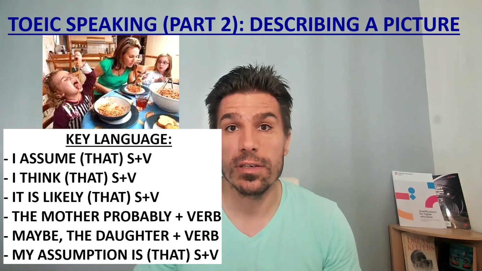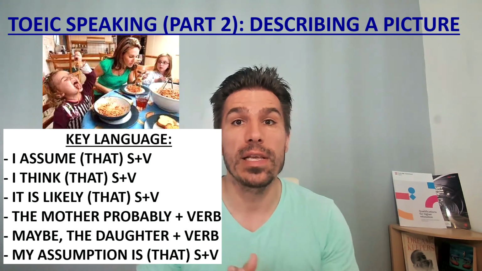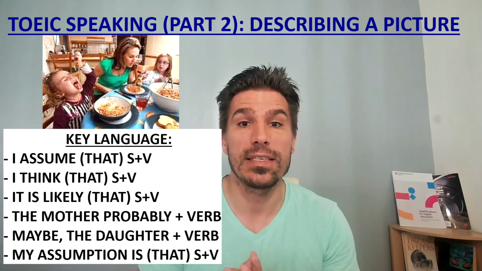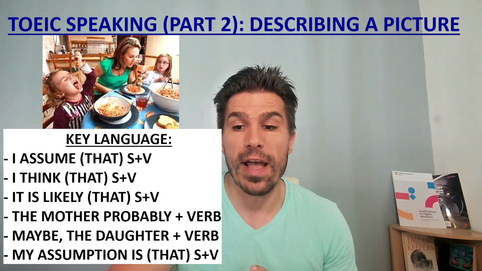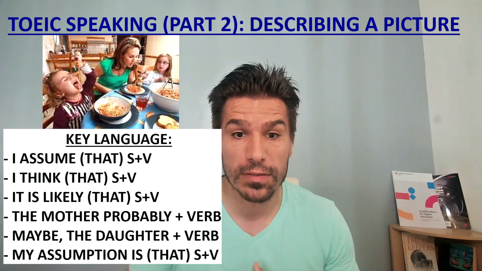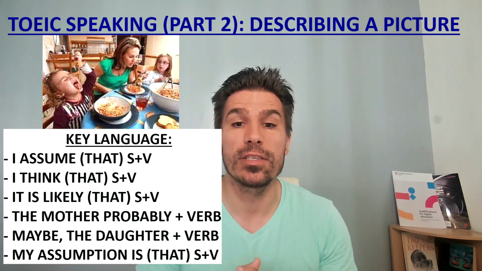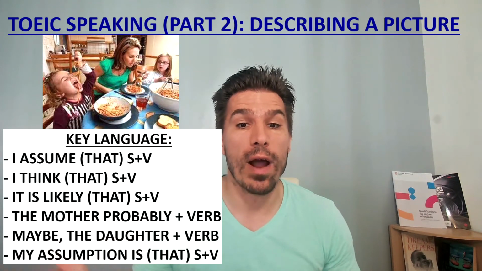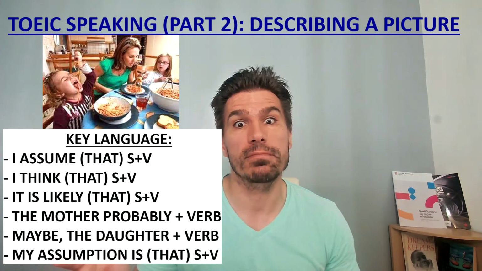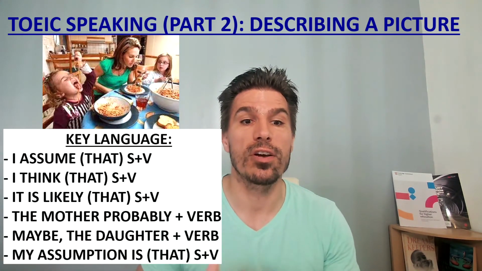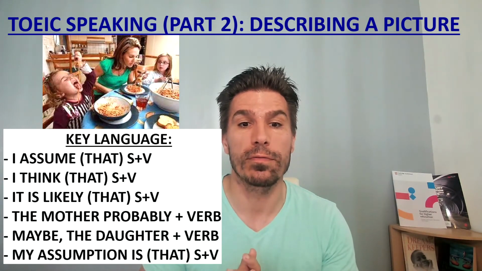In this picture, one can see that a family of 3 is eating a pasta dinner at home. In their family, it looks like there's one mother who's maybe in her early 30s and 2 young daughters. The daughter on the right looks to be about 6 years old, and the daughter on the left looks to be about 4.